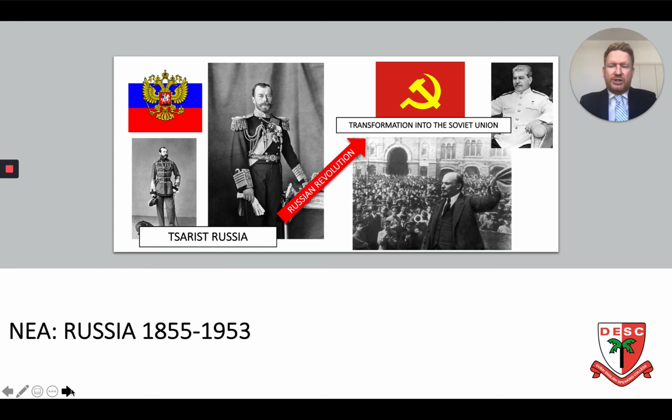The third section is about Russia. As mentioned, that's a 100-year span. And we see in that time, between 1855 to 1953, the transformation from a Tsarist Russia, one ruled by an autocratic Tsarist government, transformed because of the Russian Revolution into a government run by Vladimir Ilyich Lenin, as shown here, and a communist state called the Soviet Union.